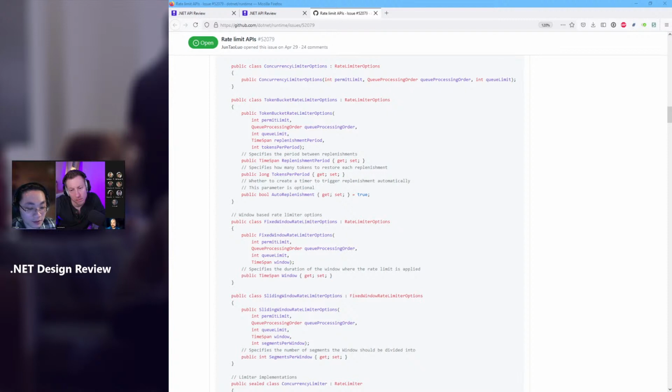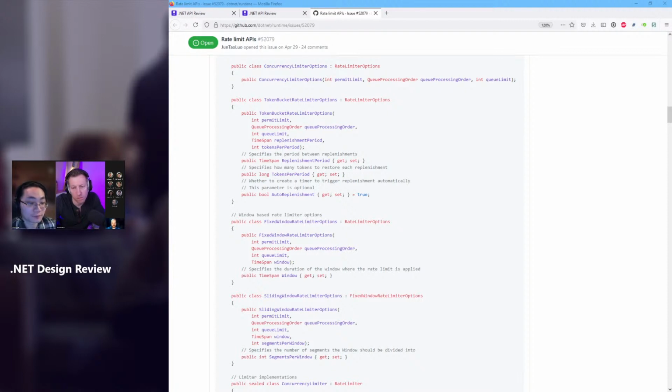Okay. And we already discussed this. It replenishes up to the token limit. Right. And is there a model that people can understand about how replenishment and queuing works? Like the queue limit plus the replenishment period?